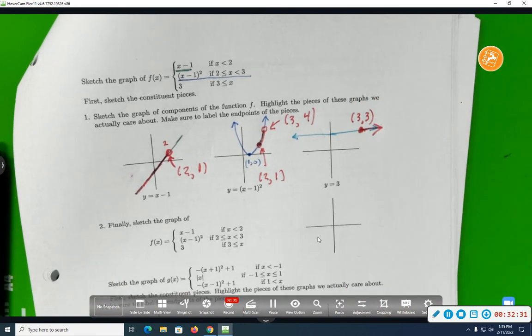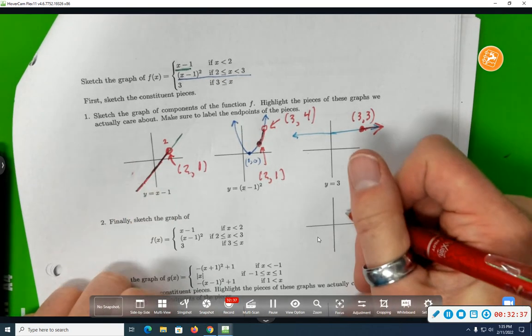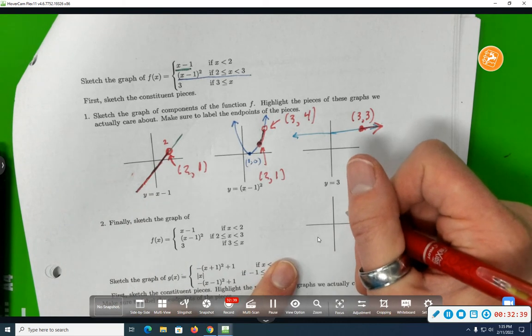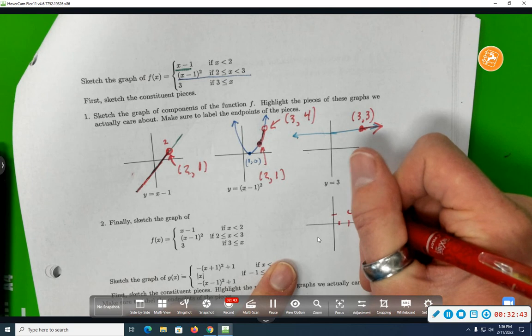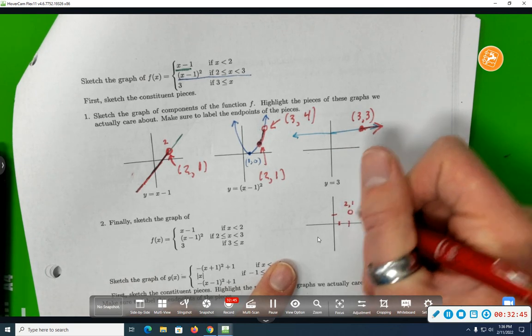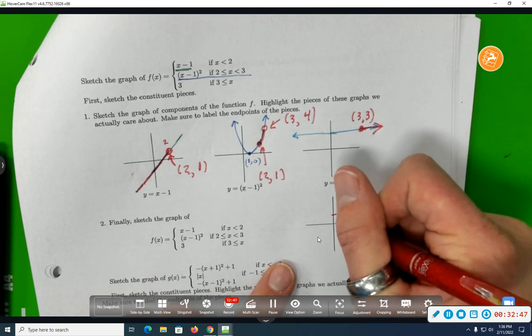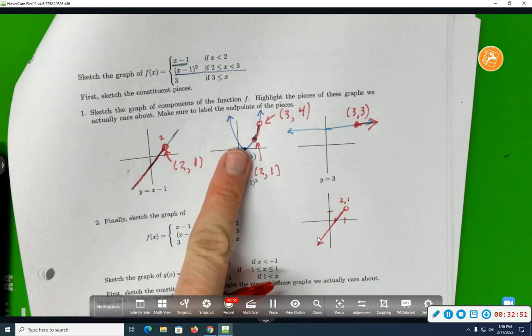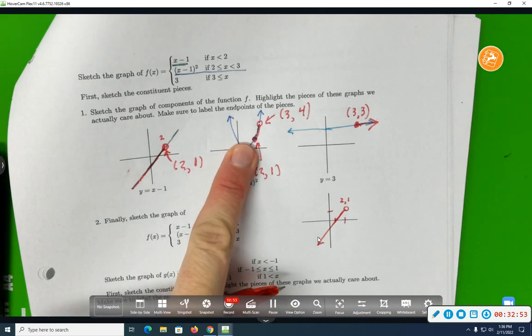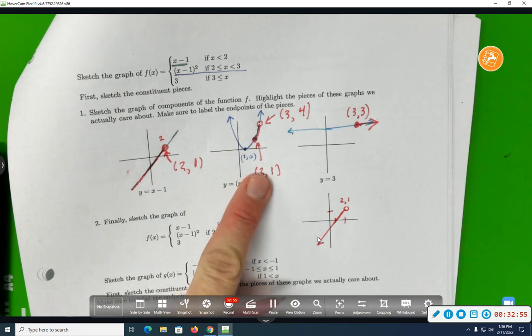All right, so we have each piece. Let's put them together, doing exactly what we know. So I'll copy this point. So here's the point (2, 1). Then the graph will come down this way. Then I see coming from the parabola, I have that bit going from (2, 1). Oh, cool.